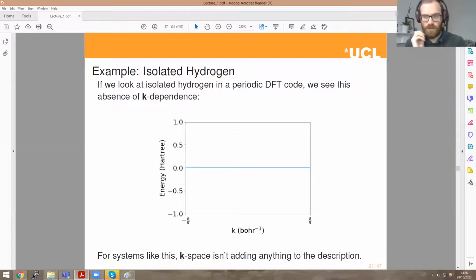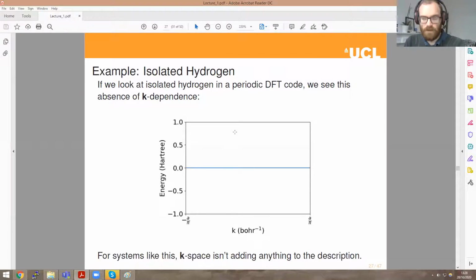So this is one extreme limit, and it means that if you're using a periodic system to represent something like an isolated atom, as long as these isolated atoms are far enough apart from each other that they don't interact, it'll be exactly the same as we'd expect from just isolated calculations. We'll just end up with hydrogen atoms with discrete energy levels.